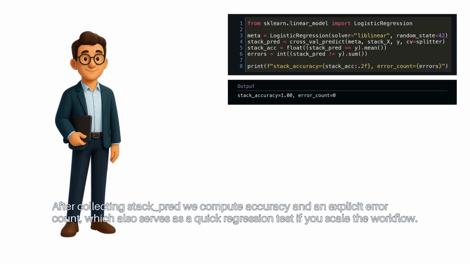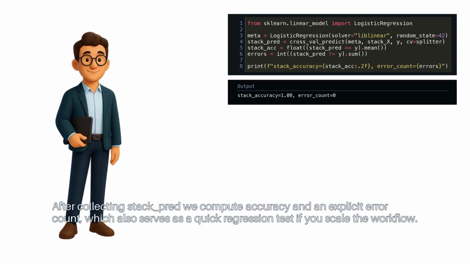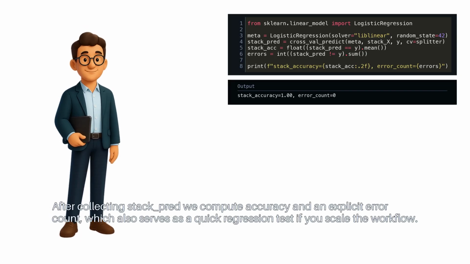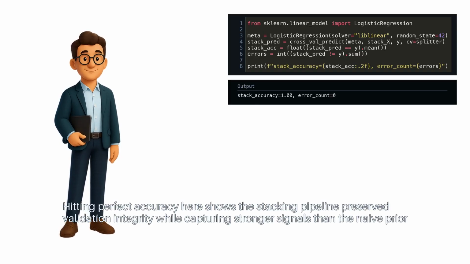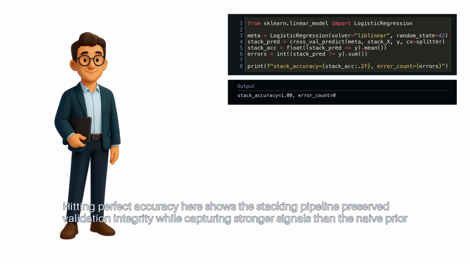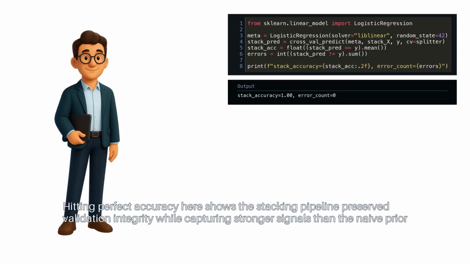After collecting stack_pred, we compute accuracy and an explicit error count, which also serves as a quick regression test if you scale the workflow. Hitting perfect accuracy here shows the stacking pipeline preserved validation integrity, while capturing stronger signals than the naive prior baseline.